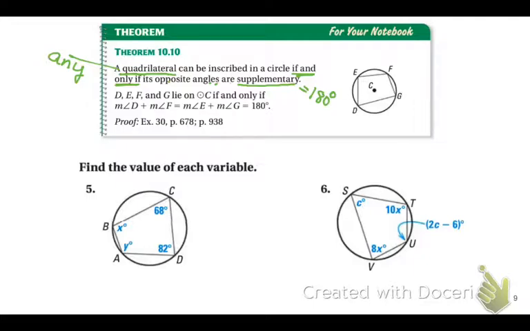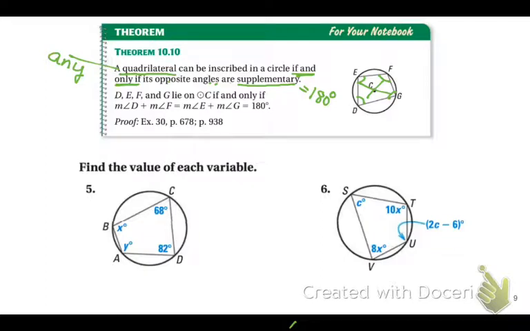It might be kind of fun to try that sometime, but it just means that any quadrilateral can be inscribed in the circle, but only if its opposite angles are supplementary. So F and D have to add together to equal 180 degrees, and E and G have to add together to get 180 degrees.